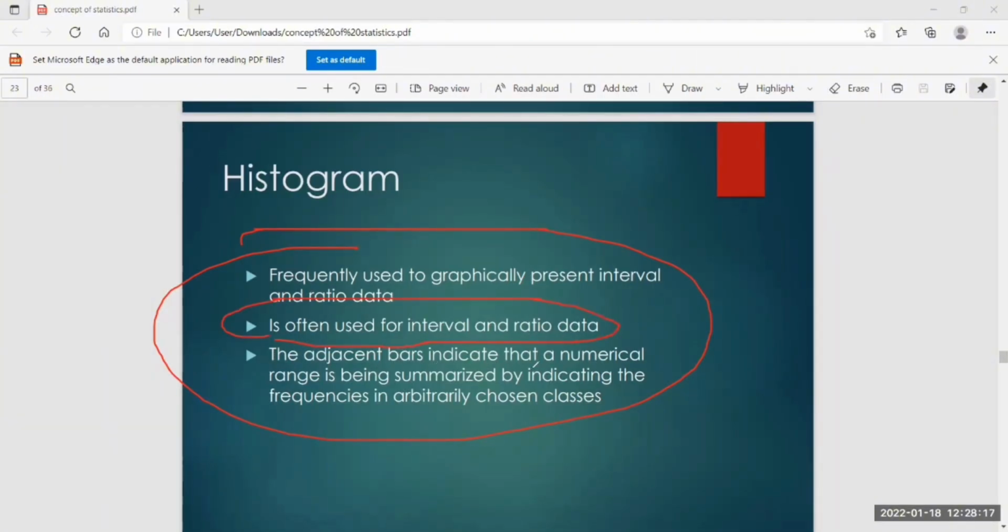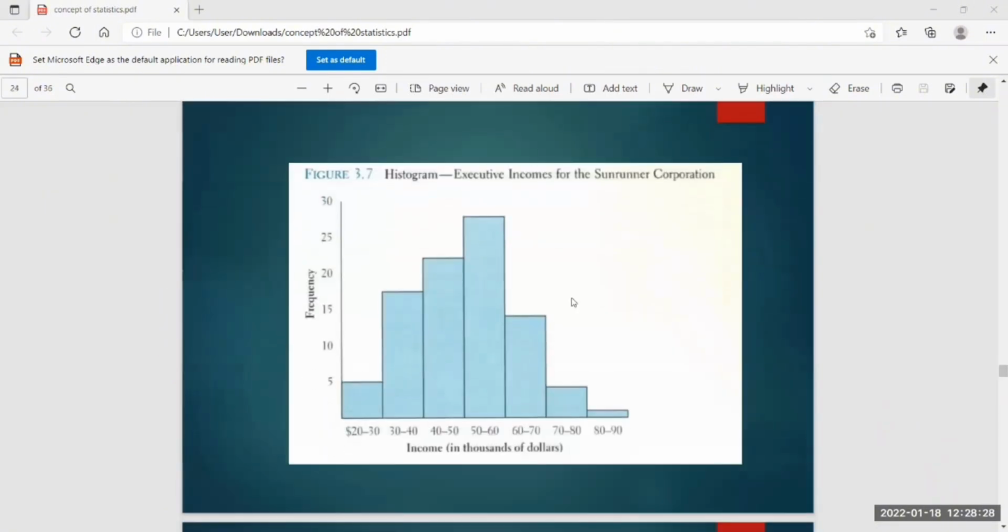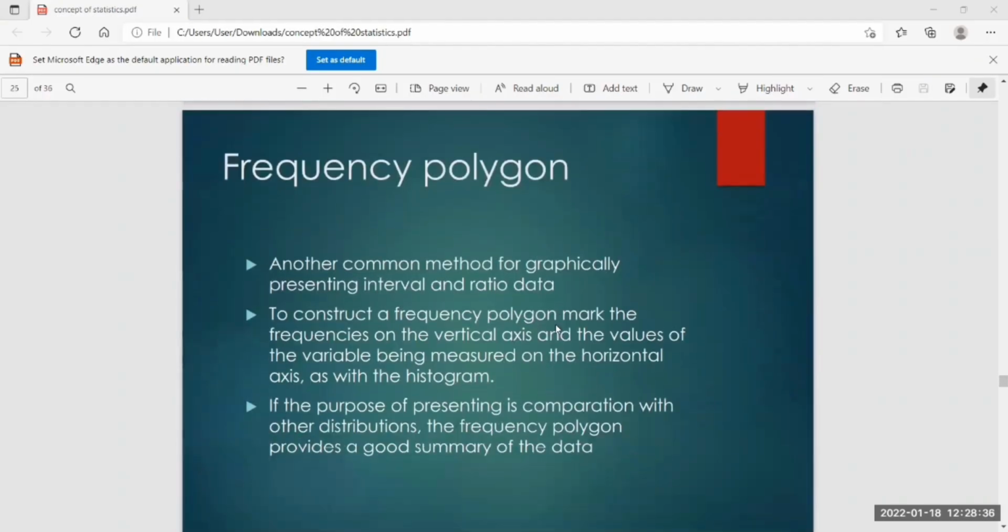The adjacent bars indicate that a numerical range is being summarized by indicating the frequencies in arbitrarily chosen classes. So this histogram of executive incomes for the Sunrunner Corporation is a quantitative representation.